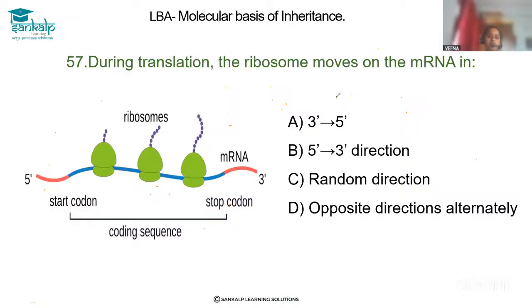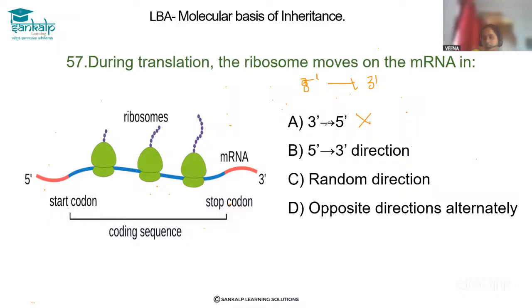Let's solve question 57. During translation, the ribosome moves on the mRNA in. So, dear students, you have studied that it can synthesize the strands only from 5 dash to 3 dash, not 3 dash to 5 dash direction, right?